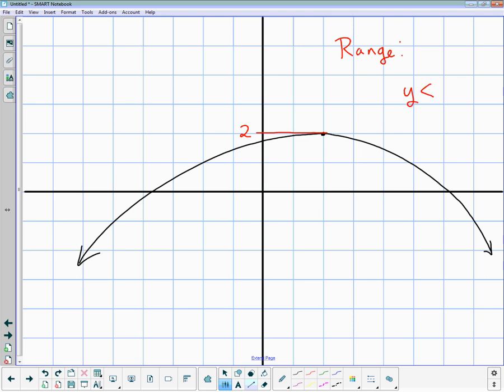Y is less than what? What goes on the maximum? 2. Everything is there, and since it goes on and on and on forever. Now, here's a weird thing. Can it ever equal infinity?